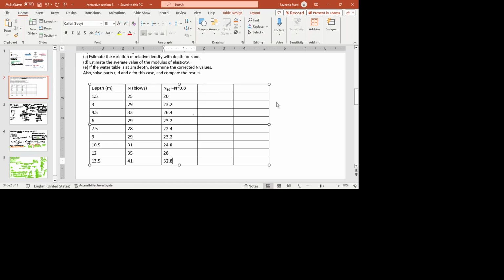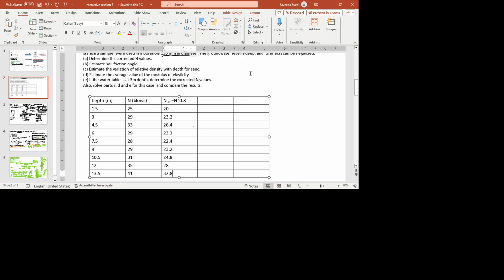So let us take the points right now, and the final values that we get after making all the corrections, we will round off to the nearest integer. Okay, so this was the first correction, hammer efficiency.